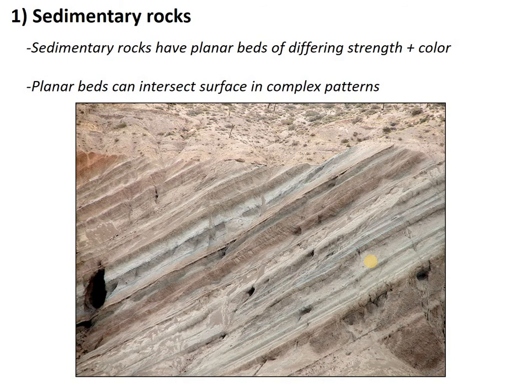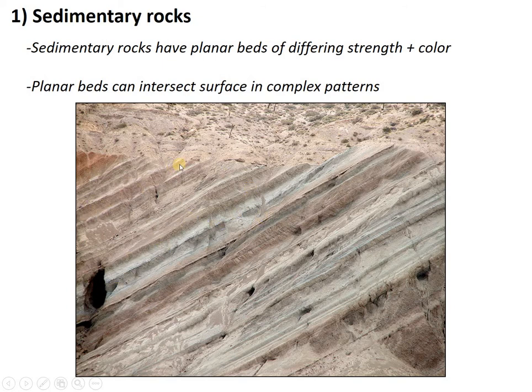So I want to talk a little bit about how we can make these types of inferences from map pattern. I'll start with sedimentary rocks. Essentially, when we're interpreting sedimentary rocks, we need to understand that sedimentary rocks are made of planar beds that can differ in strength or erosion resistance and color. And these planar beds are essentially intersecting the surface. So in this picture, we've got these planar sedimentary beds, alternating colors.